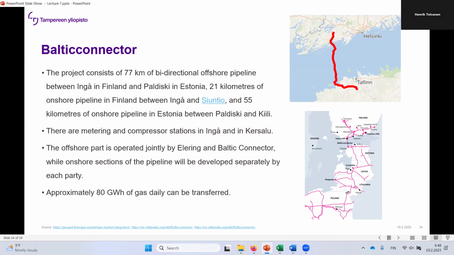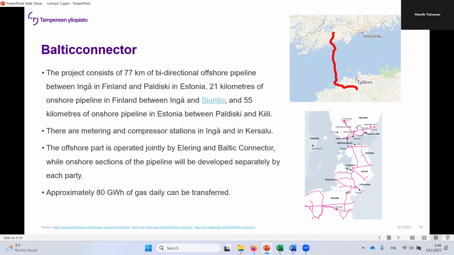So the Baltic connector, 77 kilometers of bidirectional offshore pipeline between Inkoo, I'm guessing that's it in English, in Finland and Estonia, Paldiski. So 21 kilometers of onshore pipeline.